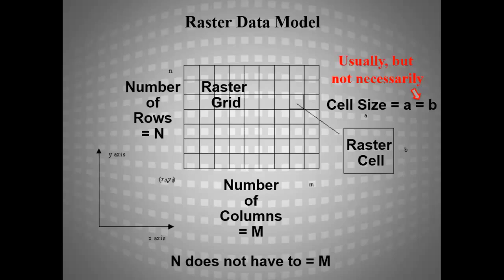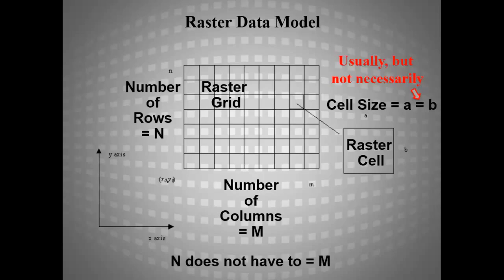Longitude lines converge, so at the North Pole there's no distance between longitude lines, whereas at the equator there's maximum distance between longitude lines. So if you get raster data that's in geographic coordinates that hasn't been projected, you're going to have cells that won't be square, they'll be rectangular, and that becomes an issue with raster data processing.